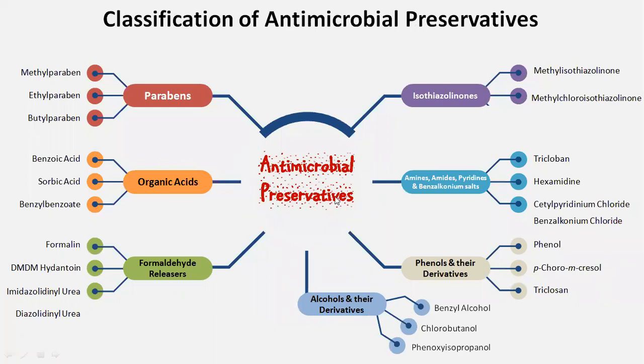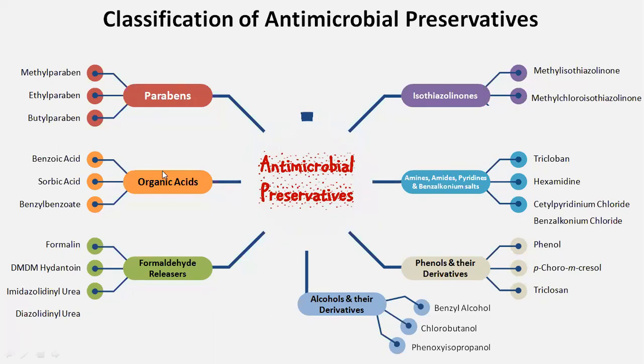Antimicrobial preservatives are further sub-classified into 7 categories. Those include parabens. Examples of parabens include methyl paraben, ethyl paraben, propyl paraben, butyl paraben. Paraben means para-hydroxy benzoic acid derivatives; esters of para-hydroxy benzoic acids are called parabens.